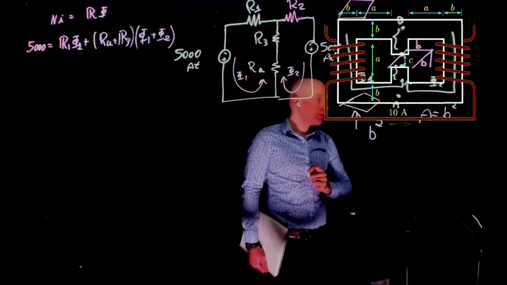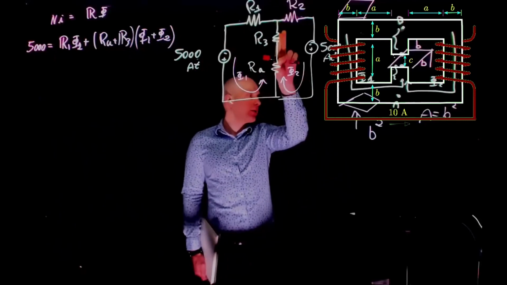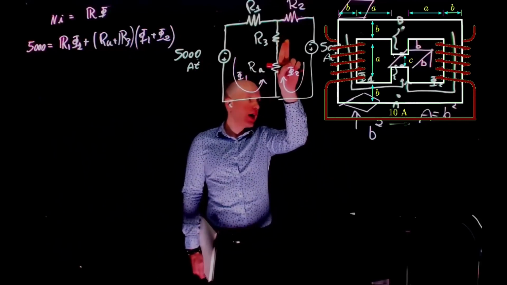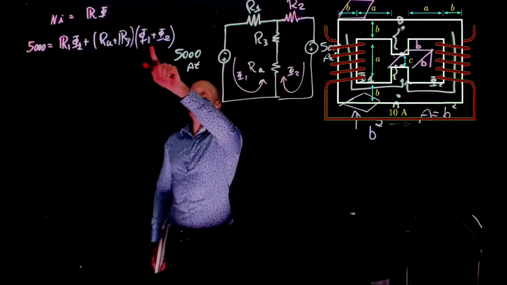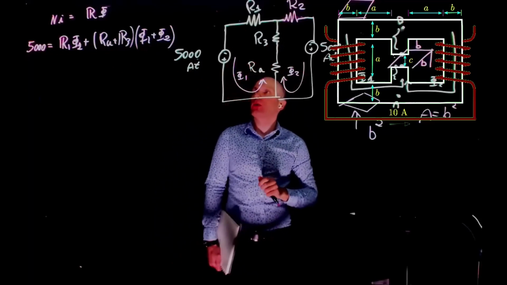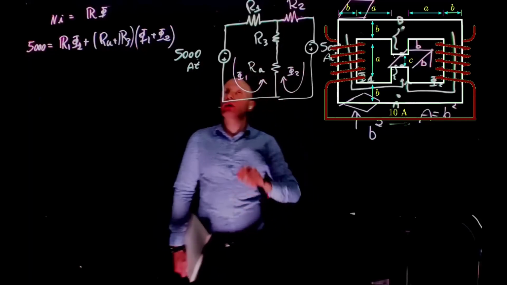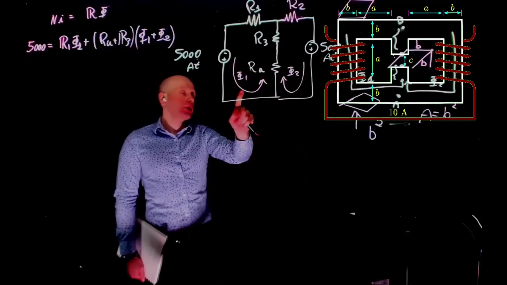Does this make sense? We see that here we have 2 magnetic fluxes going up, so we need to add them up. So RA and R3 are both subjected to phi 1 plus phi 2, whereas R1 is only subjected to phi 1.